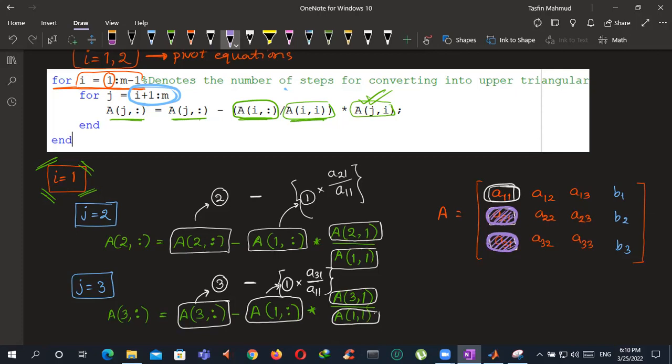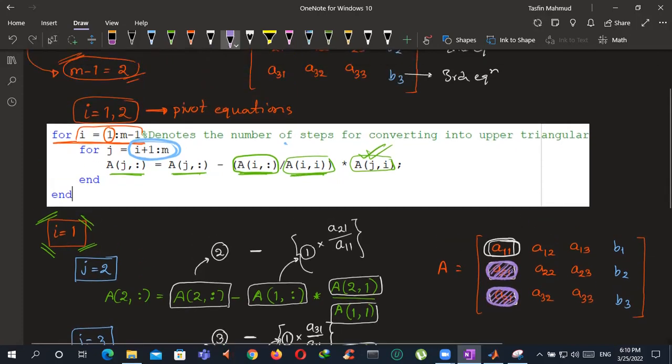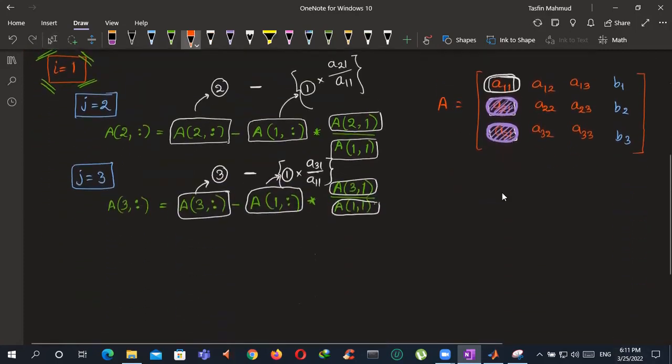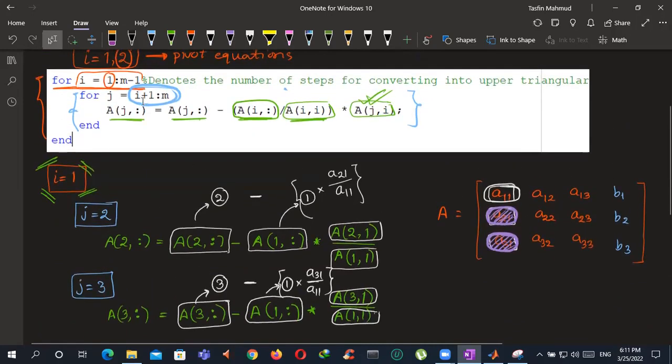Okay. Then if you look carefully, the value of I would be increased. This nested loop would finish running, and then we will move back to the outer loop here for the ith loop. I will then get increased to the value of 2. And in that case, if you look carefully, j would run for what?